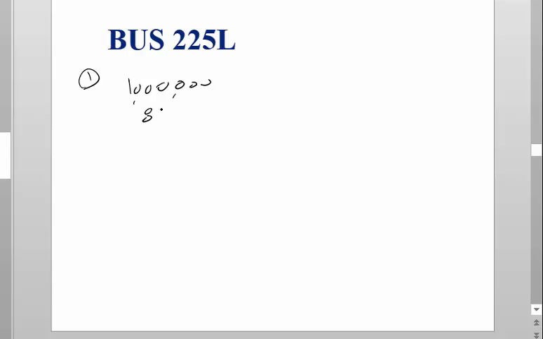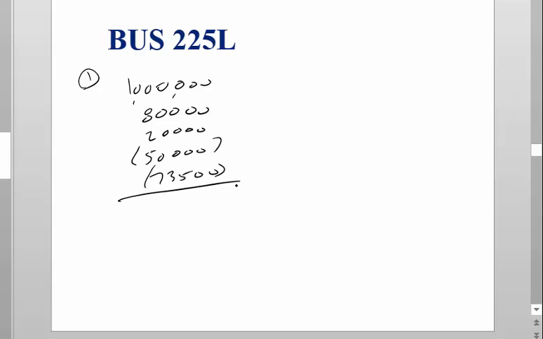We're going to add back the 80, add back the 20, subtract the 50, and deduct the 73,500. Okay? 997,650. Is that what you said? Okay. So 35% of that.